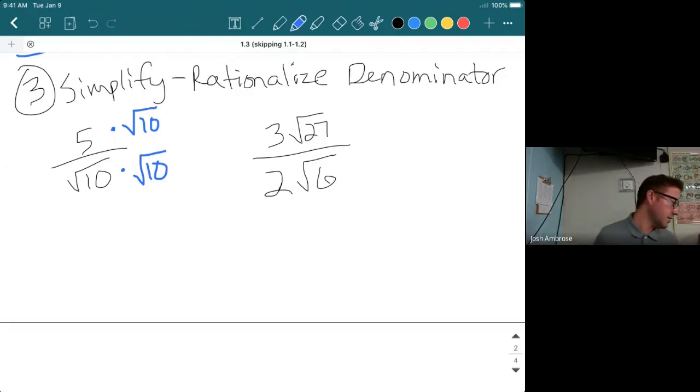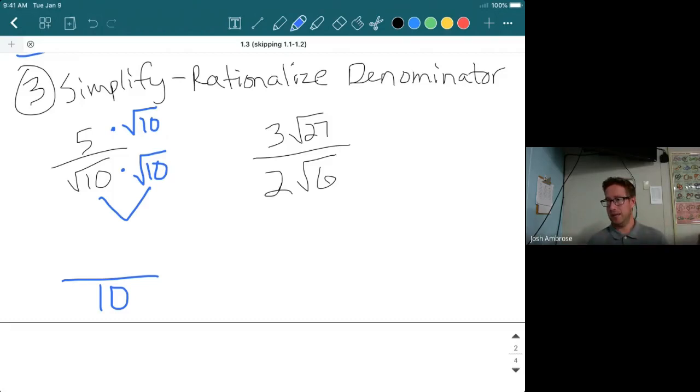Now, if you look at that chart, again, you should have already seen this: if you have a radical and the same thing underneath that radical, like radical 10 multiplied by radical 10, your answer is just whatever number is under that radical. It's 10. So our denominator now just becomes 10. We have eliminated that radical.